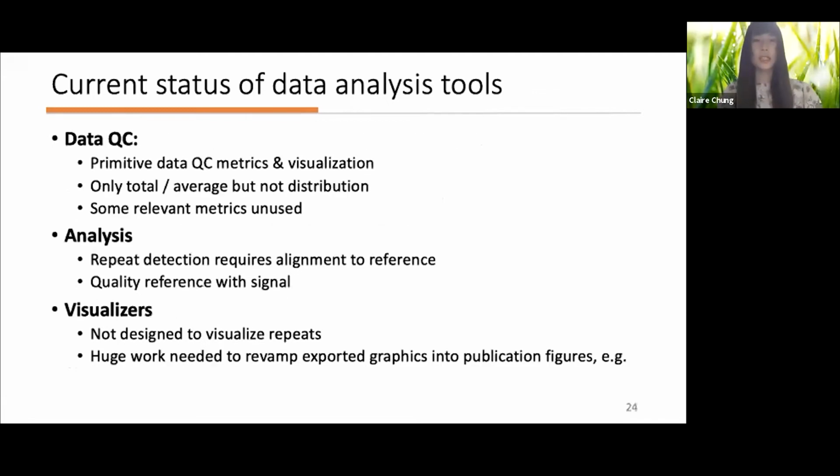And the gaps I see in this cycle so far: firstly, it's on the data QC. Currently it's mostly relying on the manufacturer software, which only provides limited QC metrics, and they only use some ballpark total error and average, but not the distribution. And there are some metrics unused, but data quality is very important, not just to the analysts, but also to the wet lab.